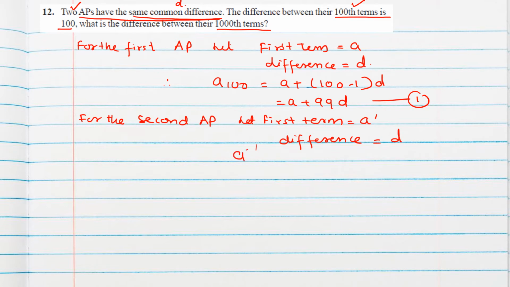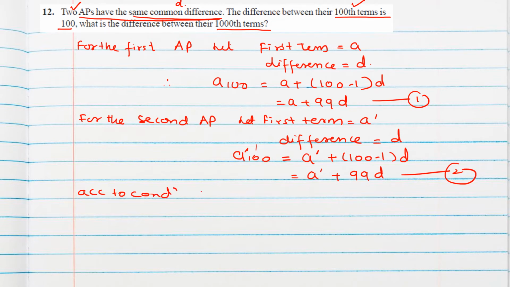So the 100th term will be the first term A dash plus 100 minus 1 D, that is A dash plus 99 D, equation number 2. Now what is given? The difference between their 100th terms is 100. So according to the condition, A100 minus A dash 100 is 100. So we'll substitute the equation 1 and 2 values.